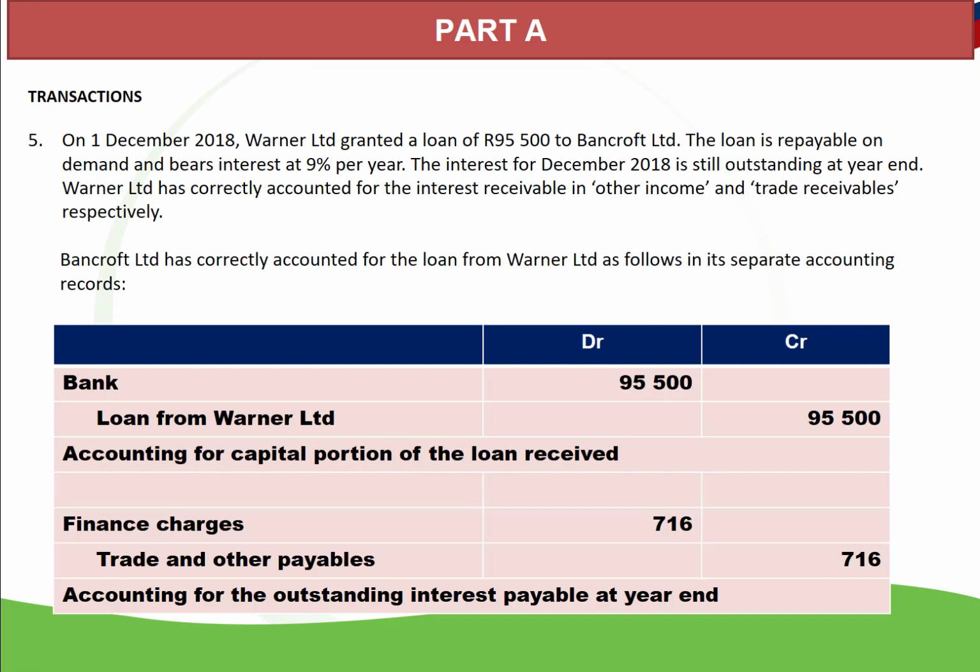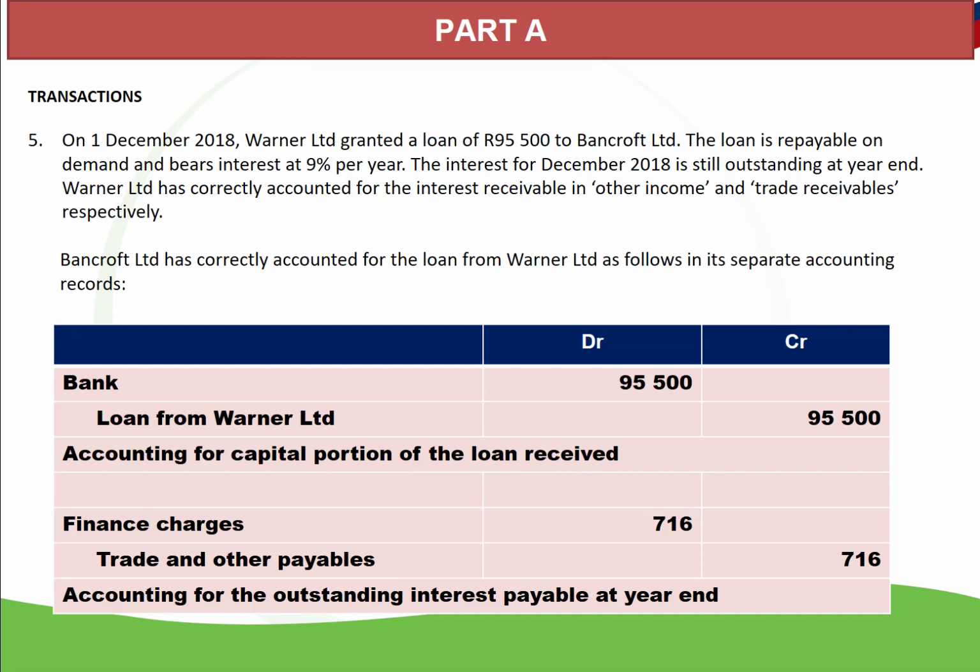Therefore, the first entry is for the intercompany loan received and the second portion for the 1 month interest outstanding at year end. We can see that all the calculations have been done for us. Our job is to identify the correct accounts to be eliminated. The accounting entries in Bancroft's separate accounting records have been given.